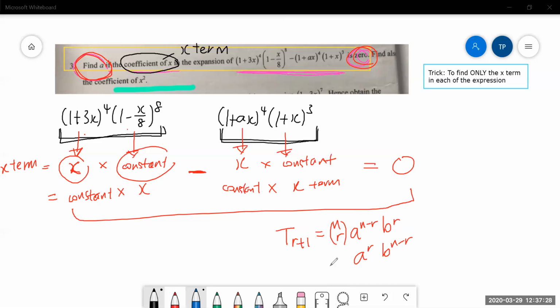This should be in your formula booklet also. You have to apply this for every single one. Maybe this one you can try during your own free time, then let me know again.